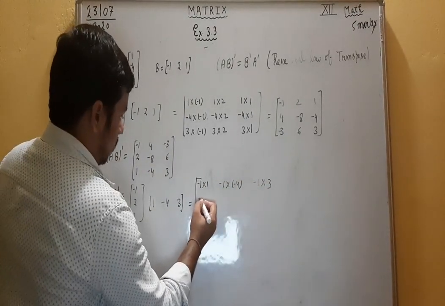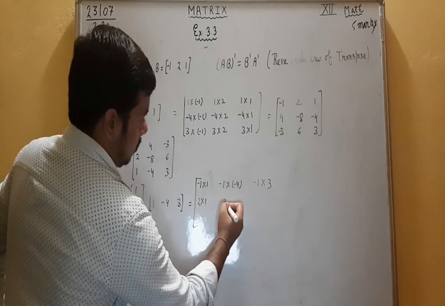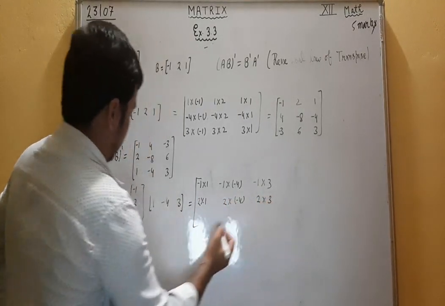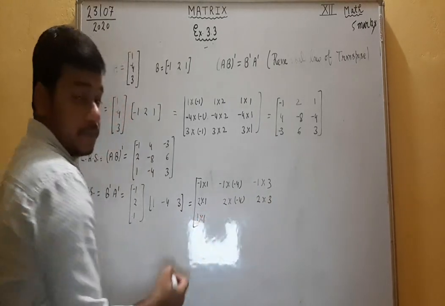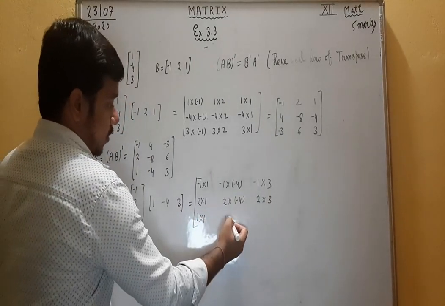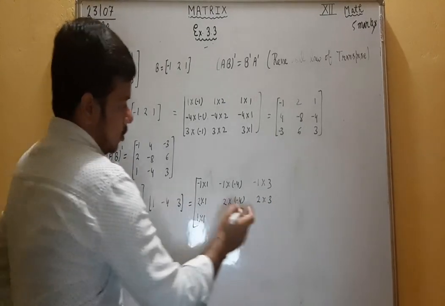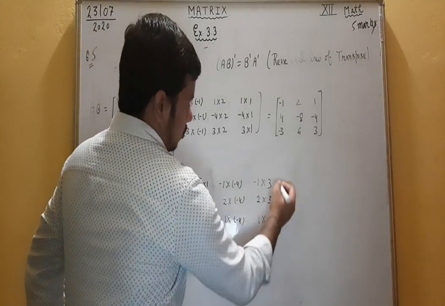Now, next, 2 into 1, 2 into minus 4, 2 into 3. 1 into 1, 1 into minus 4, 1 into 3.